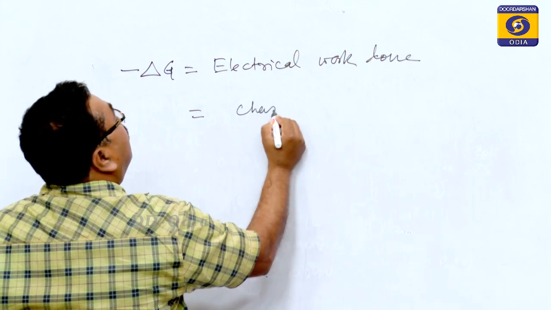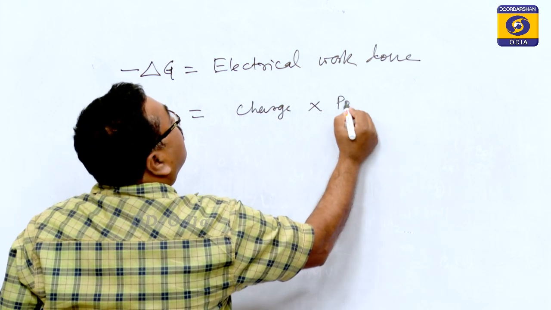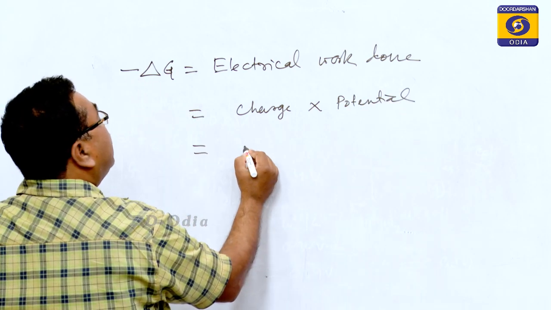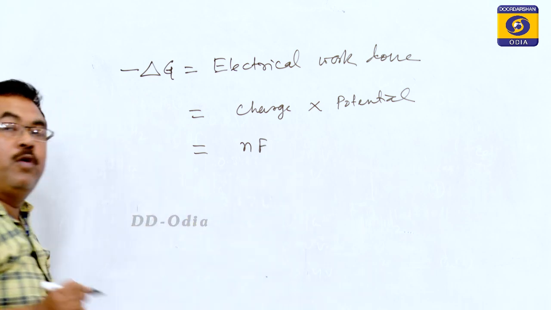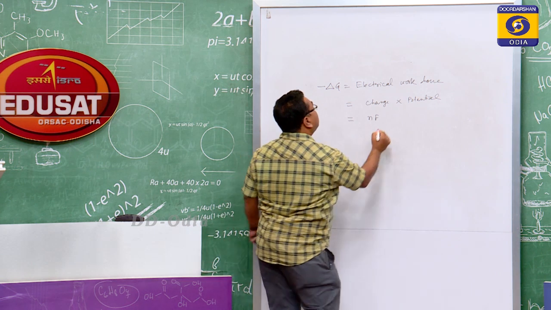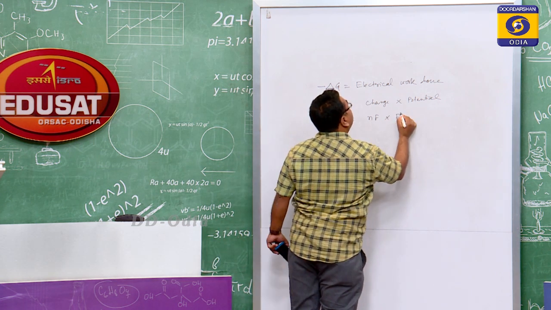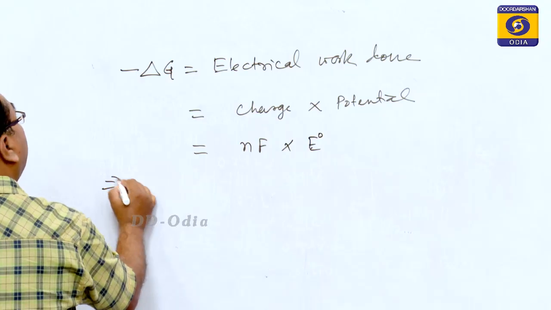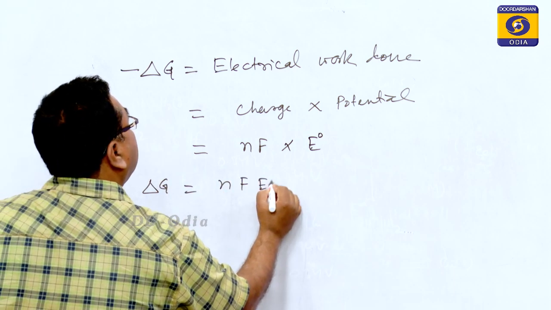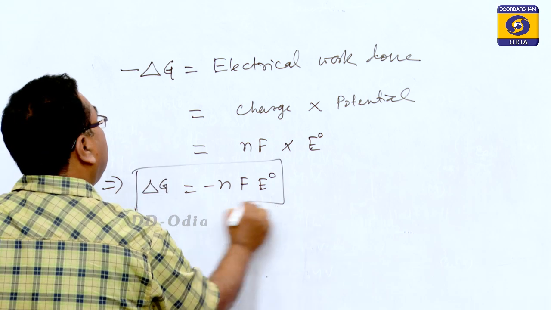This is charge into potential. What is the charge here? Charge is nF, for n moles of electrons passing, and the potential is measured as E0. So, finally the relationship is del G equals minus nFE0.